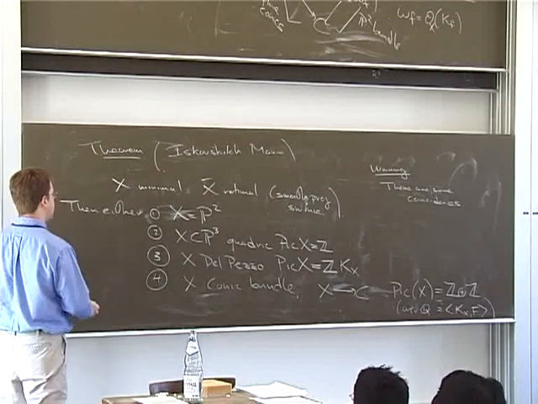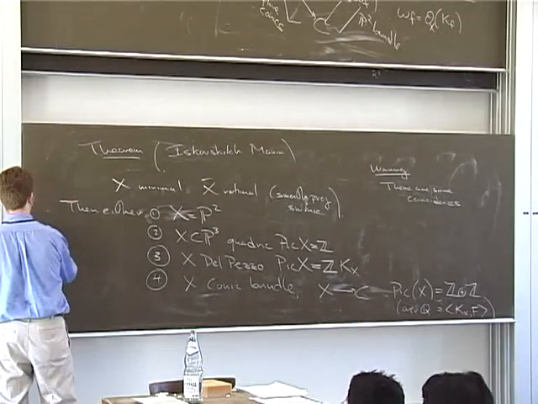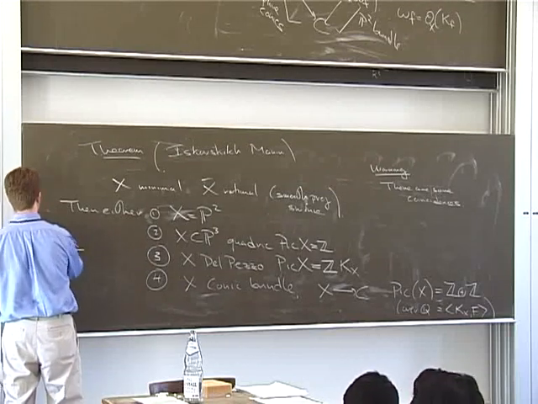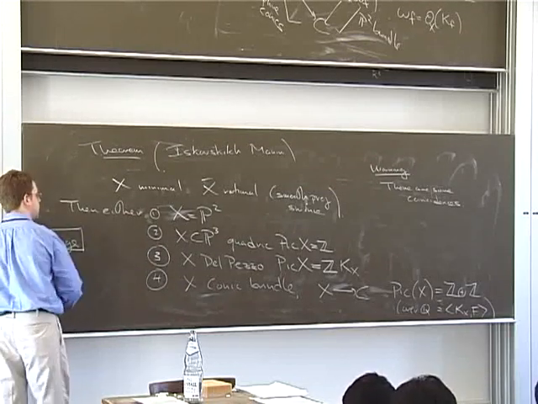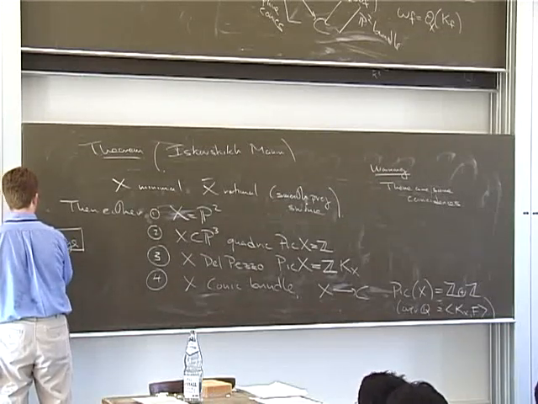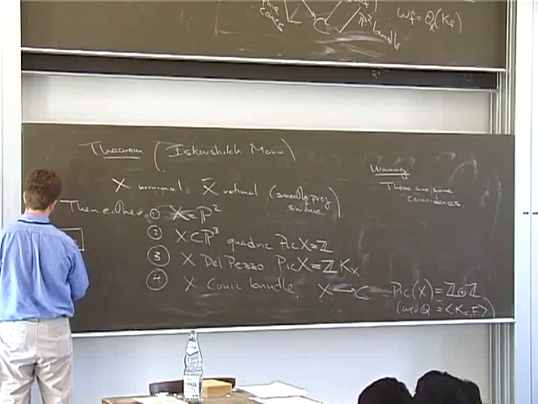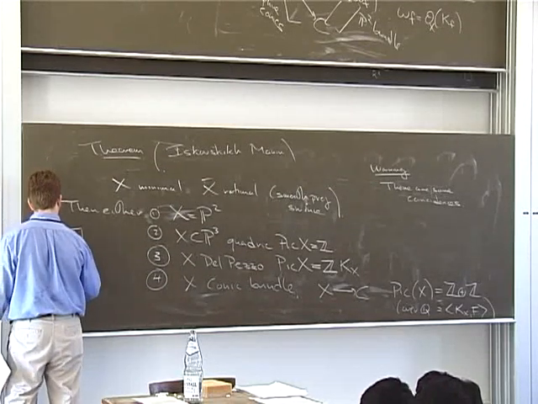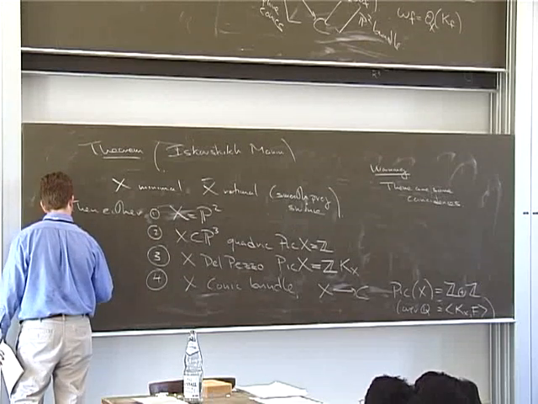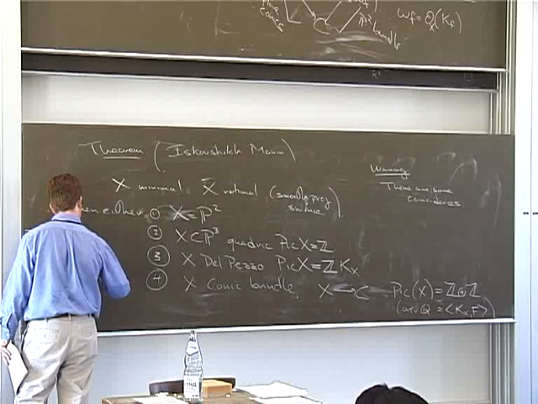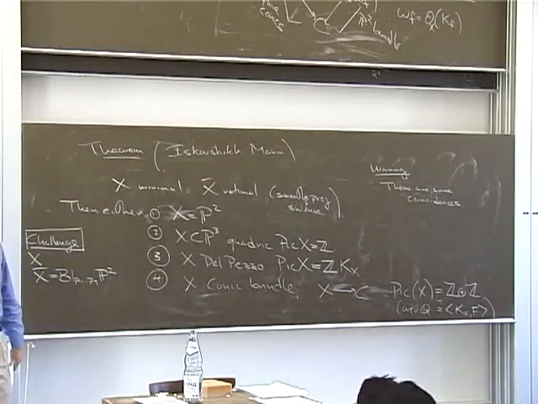So here's a challenge problem so that you can get a sense of what goes into this theorem. Let's say I have X with the property that X bar is a blow-up of P2 at 9 points.